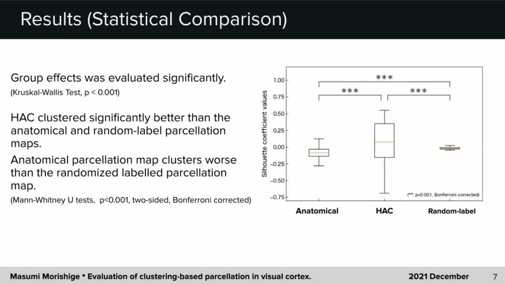Both analyses were significant, and the results showed that HAC clusters separated better than the other groups. Also, it was surprising that the anatomical parcellation was worse in separating the clusters than the random labeled parcellation map.